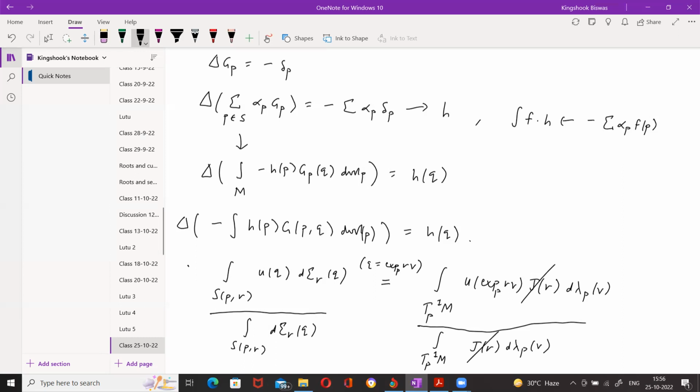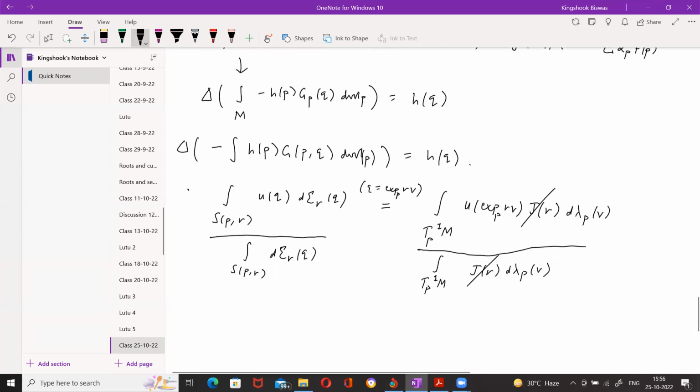So this becomes the integral over T_p^1 M of u of x_p R v d lambda p v over Cn.